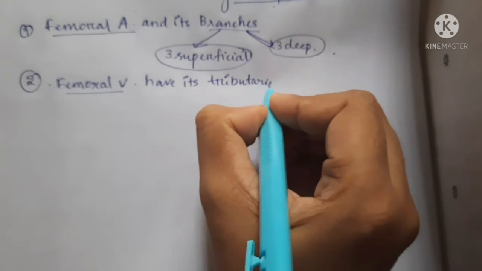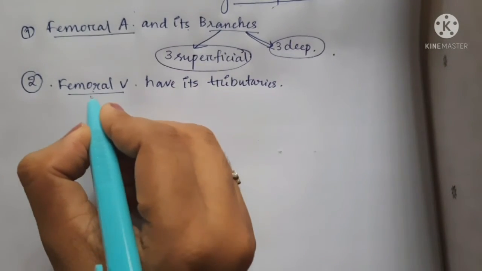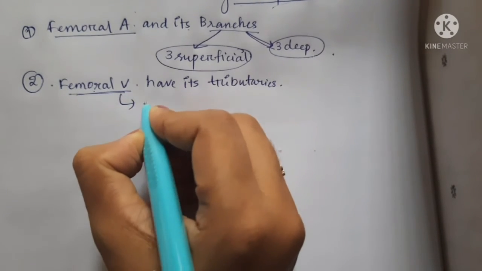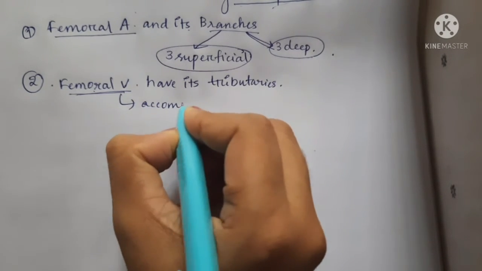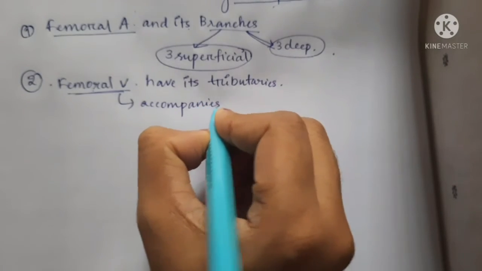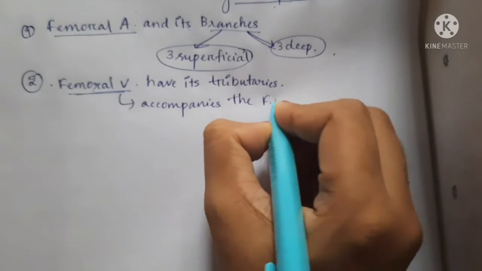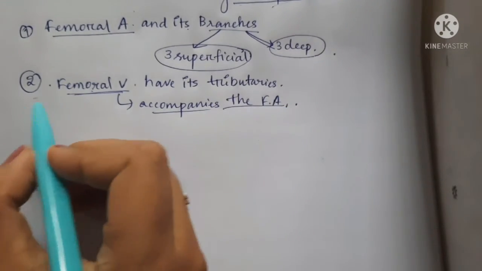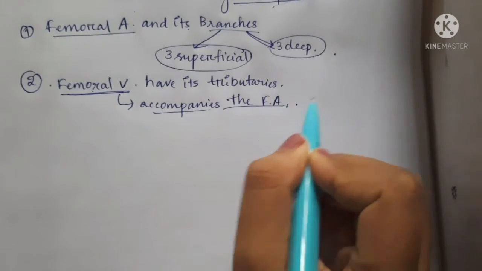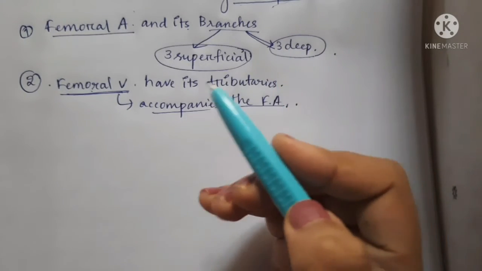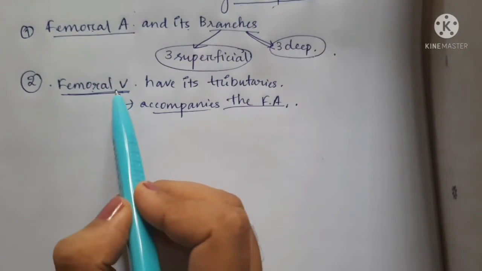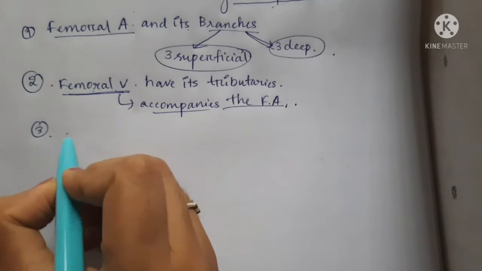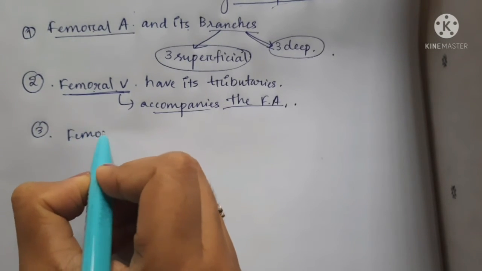The femoral vein always accompanies the femoral artery, and we will later know which one is medial and which one is lateral, the femoral artery and the femoral vein. Then the third one is the femoral sheath.